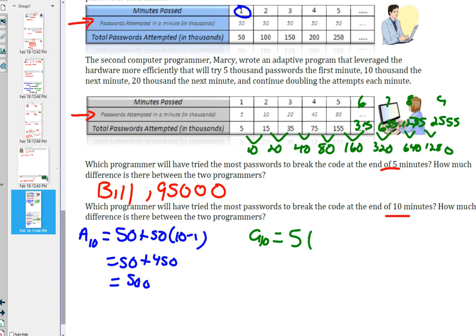I'm not using the formula, just doing it recursively. I'm getting 5,155. I'm doing some of it mentally, so I might be off a little bit, but it's still way more. When you have 1,000, that's a million, so it's a little bit over 5 million passwords. So obviously the exponential won't be fast. Not as fast as Caleb is on the court, but it's fast.